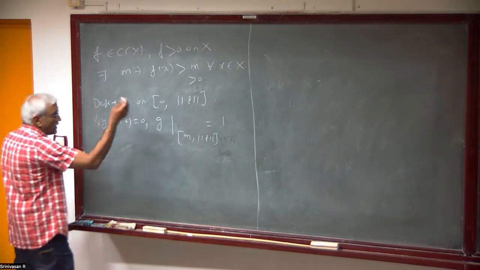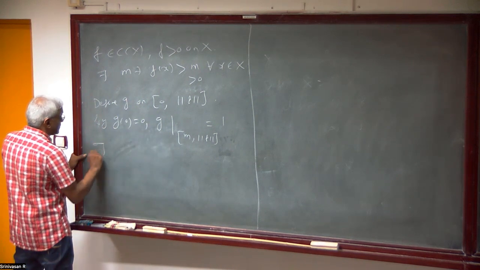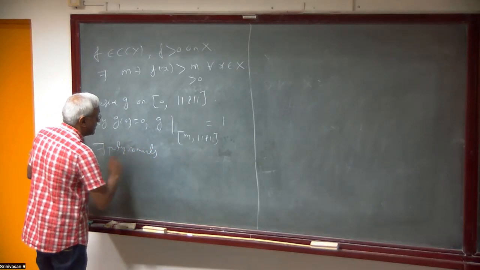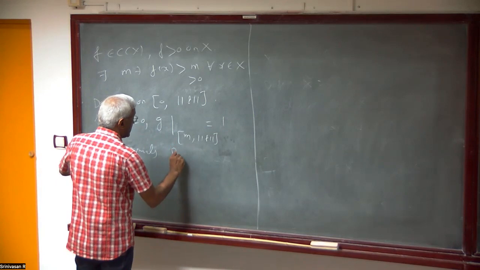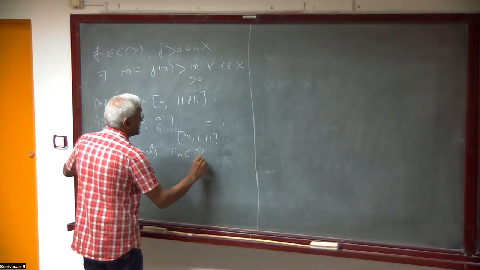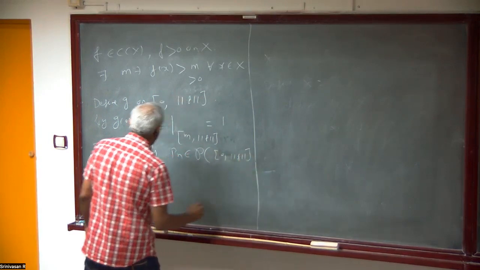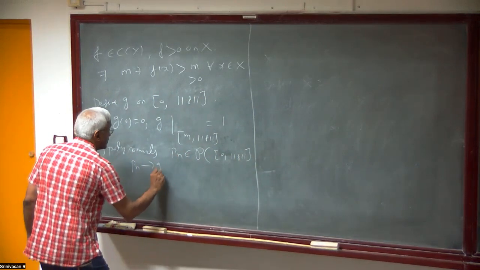By the original Weierstrass theorem, there exist polynomials Pn on 0 to norm f such that Pn converges to g uniformly.